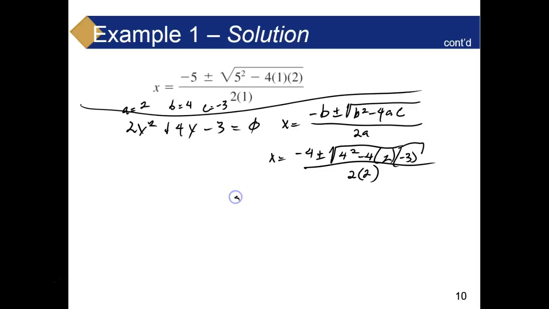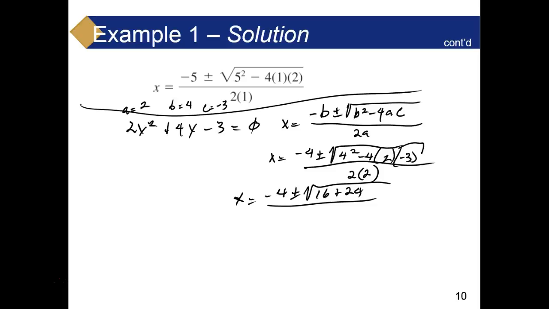Okay, so that's going to be x equals minus 4 plus or minus the square root of 16 plus 24. All right, he's way ahead of me. Now, notice what he did here, or what I like to do?